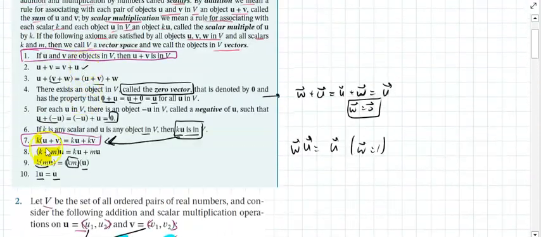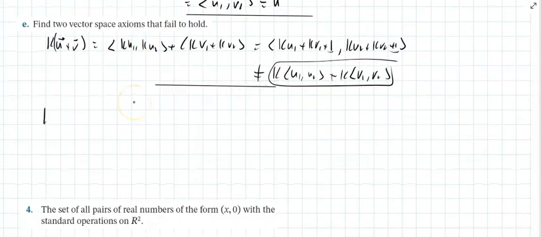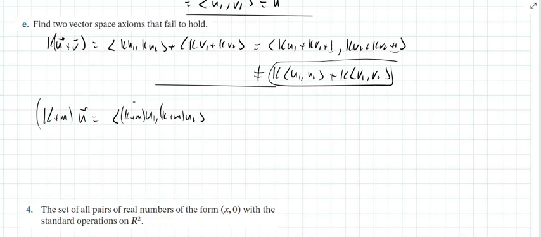If I take two constants k plus m multiplied by u, I should get ku plus mu. If I take k plus m times u, that is k plus m u1, k plus m u2, and that's going to equal ku1 plus mu1, ku2 plus mu2.